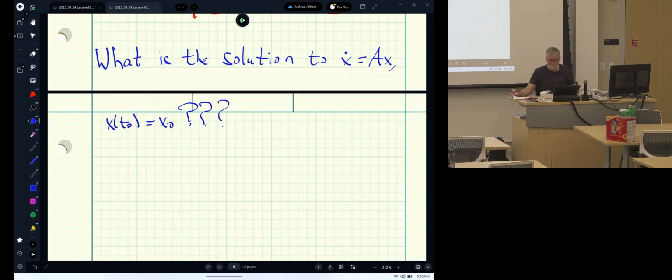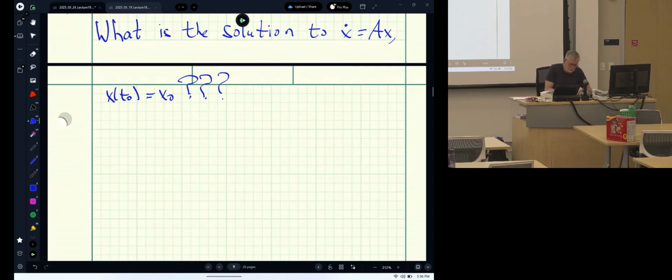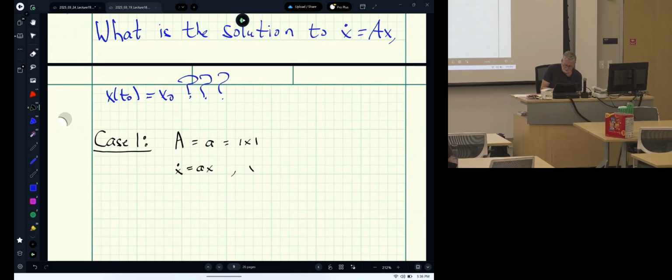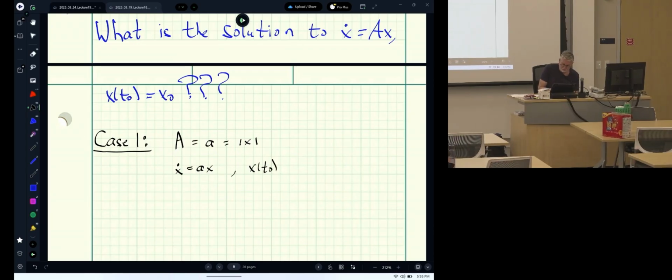Well, we start simple. Let little a be 1 by 1. x dot equals ax, x at t0 equals x0, just a real number.